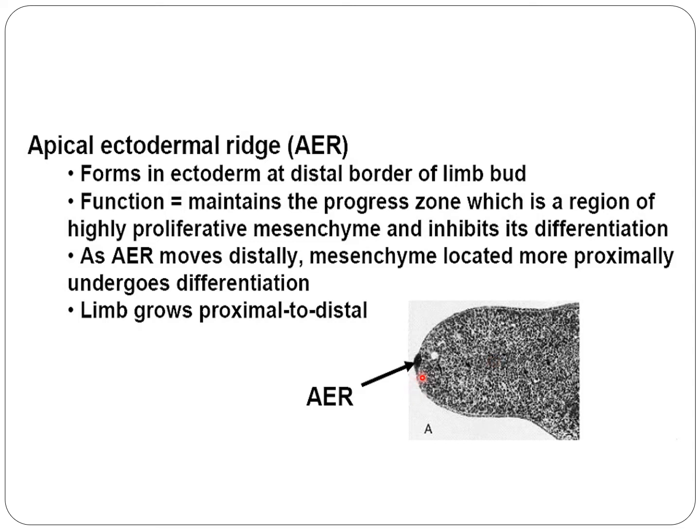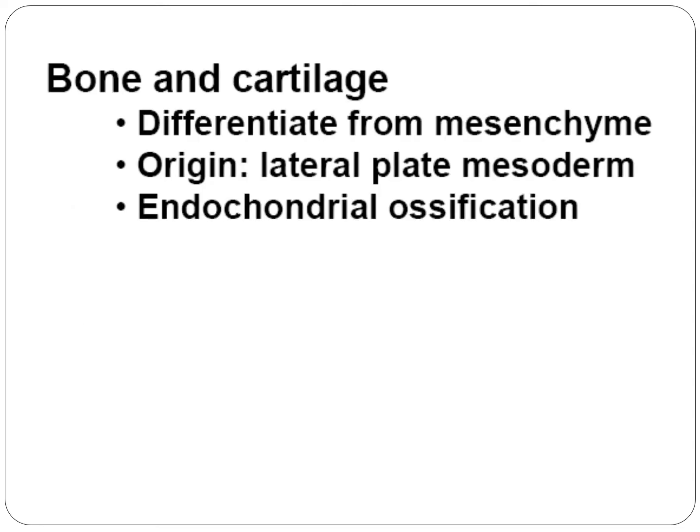This is the distal border. This is the proximal part, which is attached to the ventral body wall. So here the progress zone is formed, which consists of proliferative mesenchymal cells. And as this ectodermal ridge moves distally, these cells differentiate further, and the direction as we discussed is proximal to distal.